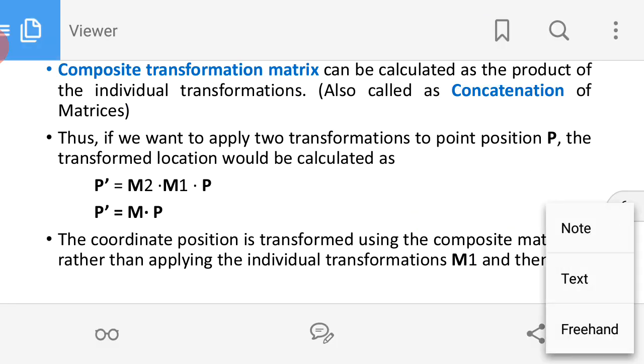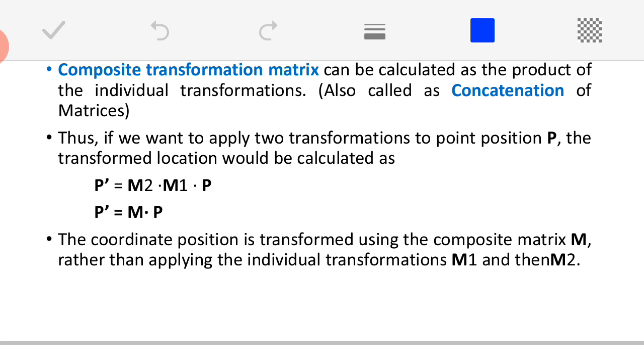Now just for example, see here. If we want to apply two transformations to a point P, the transformed location will be calculated as, see there, this is my point P. My first transformation matrix is M1, my second transformation matrix is M2. If we multiply all these three, I am going to get the transformed point P dash.